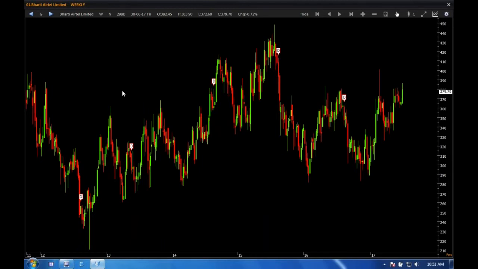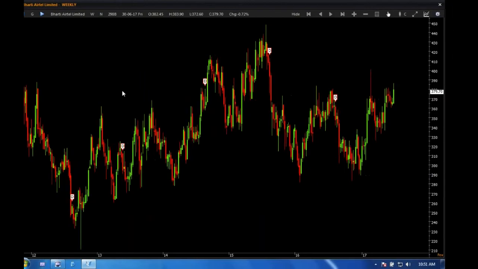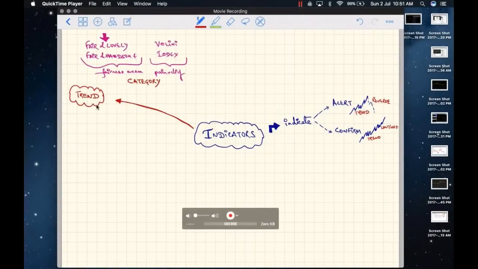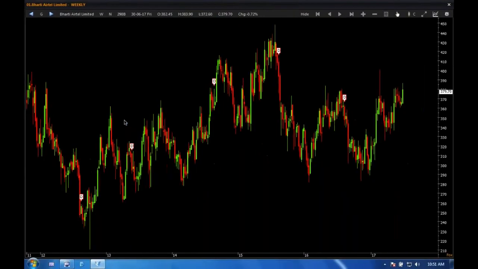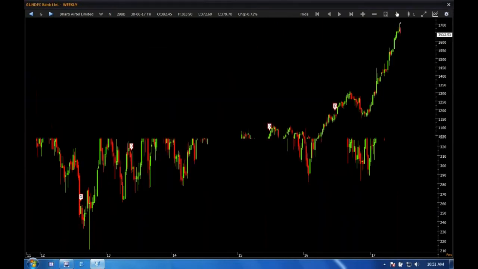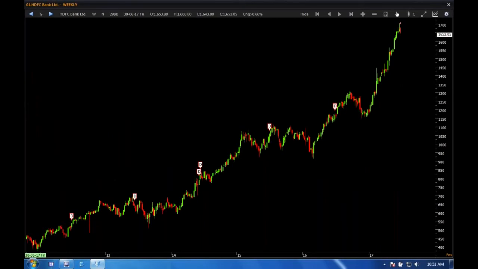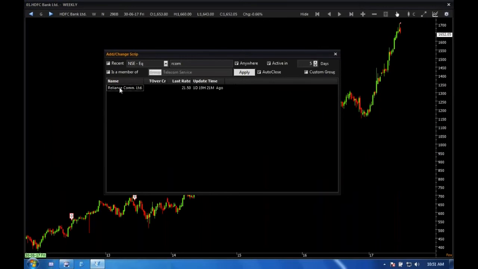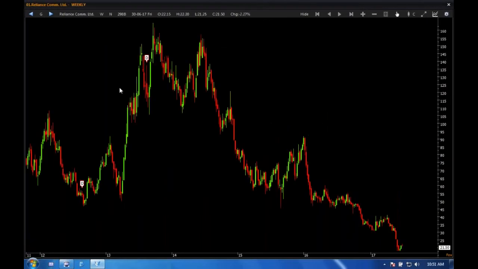What I'm trying to make a point over here, in terms of the main first point of trend, is that a stock or a chart or an index which has already developed a trend, very strong on the upside or very strong on the downside, has a natural edge.